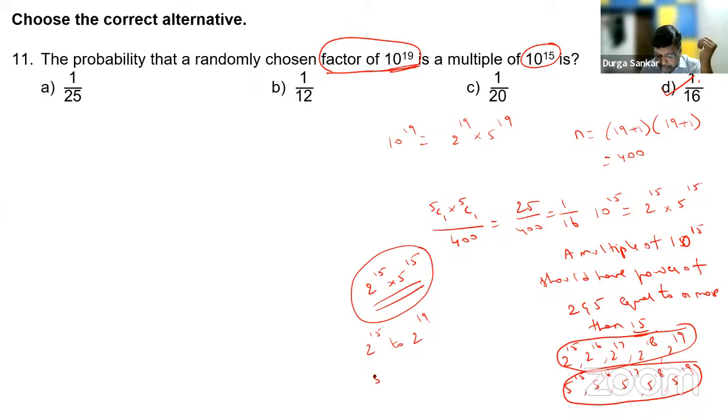Similarly, 5 power 15 to 5 power 19, because it cannot be more than 5 power 19. So the power of 2 can be chosen in 5 ways, and the power of 5 can be chosen in 5 ways. Hence, the total number of possible numbers is 25. I hope it's clear now.